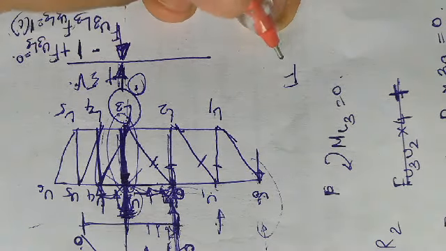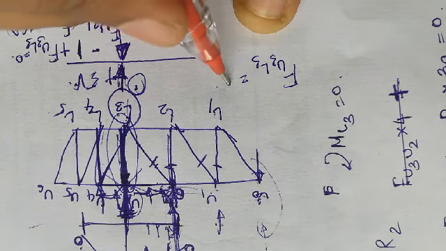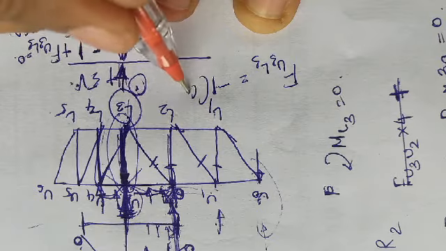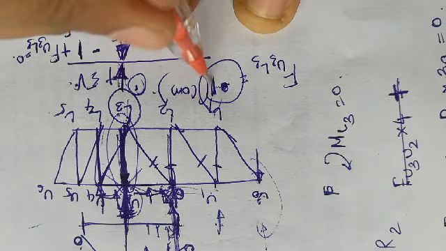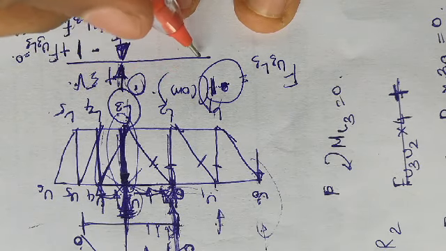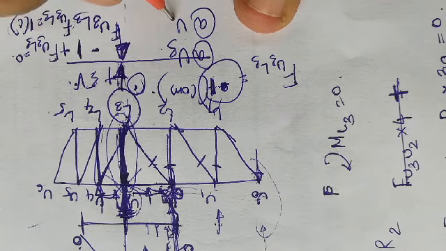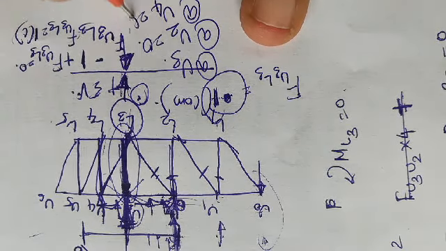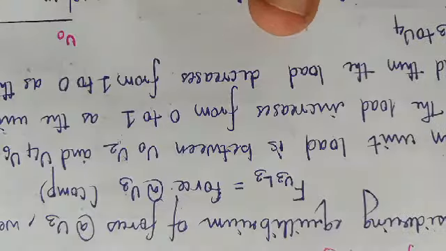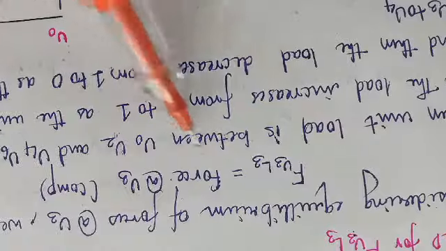That's why the force in U3 L3 is compressive. This is 1 when the load is at U3. When the load is at U2, it is 0, and when the load is at U4, it is again 0. So here I have written it in statement form.